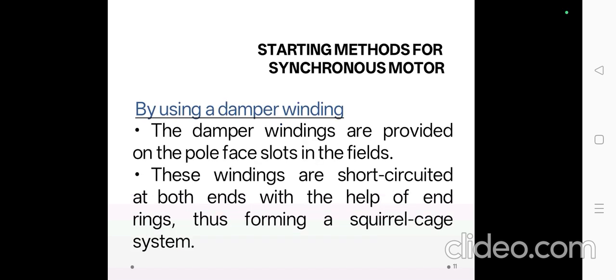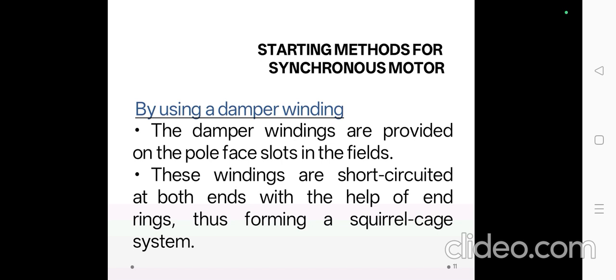Next one is using the damper winding. In a synchronous motor, in addition to the normal field winding, an additional winding consisting of copper bars is placed in the slots in the pole faces. The bars are short circuited with the help of end rings. This additional winding on the rotor is called damper winding.